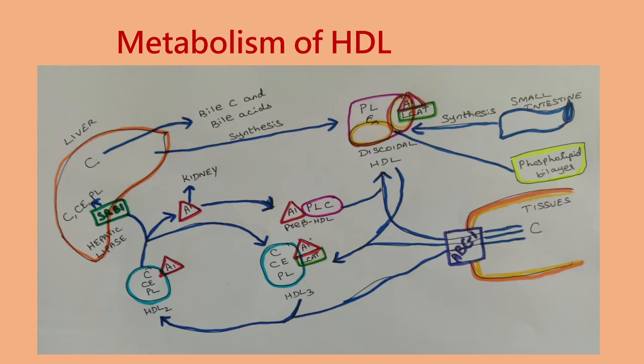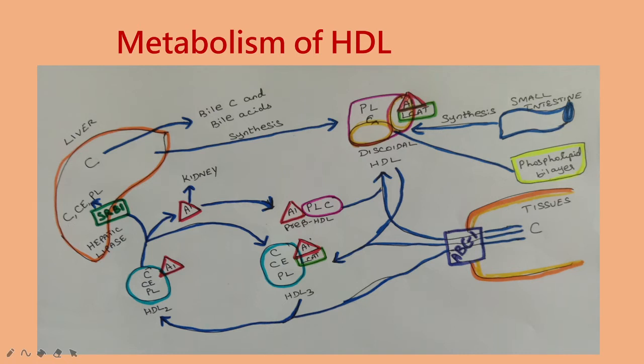The receptor which is necessary for HDL binding is the class B scavenger receptor B1. The receptor is named SRB1. SRB1 is nothing but the class B scavenger receptor B1. It has been identified as the HDL receptor in the liver.